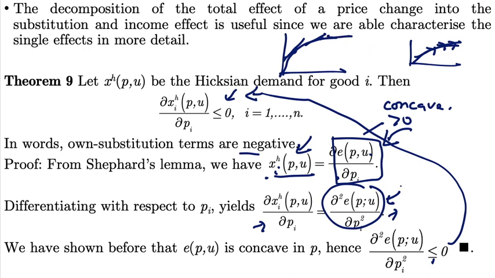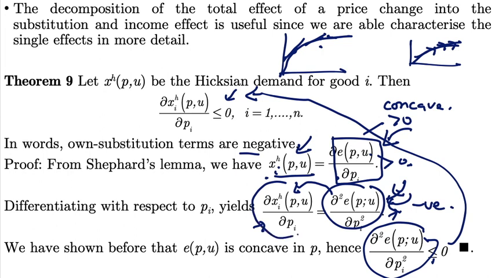That means the second derivative here is negative. The slope is increasing at a decreasing rate. The slope of the expenditure function with respect to pj is positive, but it decreases as the slope becomes flatter and flatter, so the second derivative is negative. Because the second derivative here is negative, and this equals this after we differentiate both sides, this one is negative. Then it is proven.